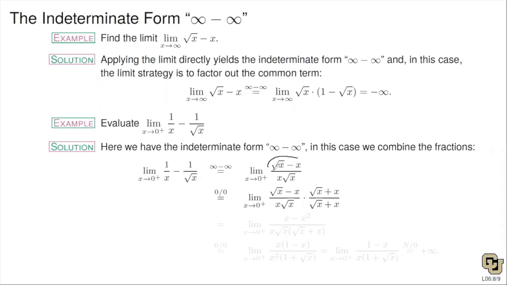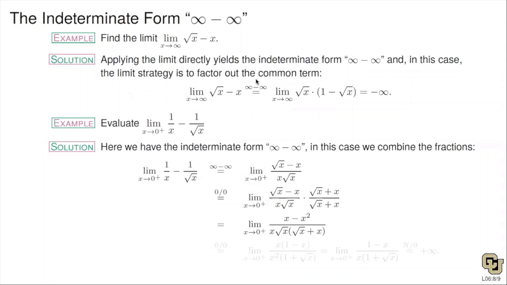And here, because of this form, the root x minus x, the hint here is to multiply top and bottom by root x plus x, the conjugate. When I multiply by the conjugate, a minus b times a plus b is a squared minus b squared. So upstairs I have root x squared, which is x, minus x squared.